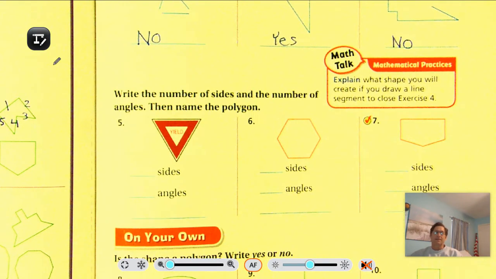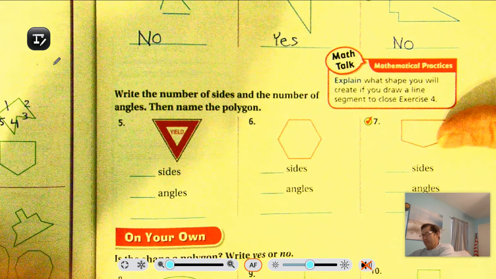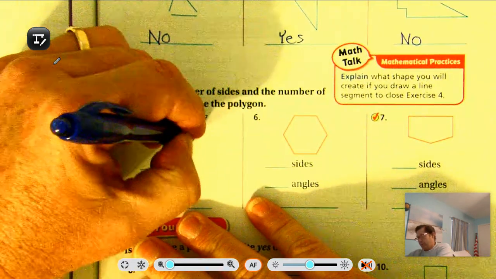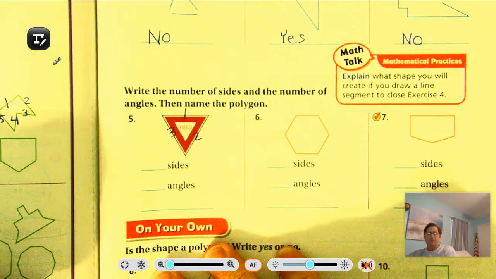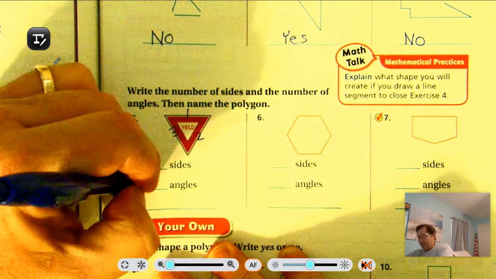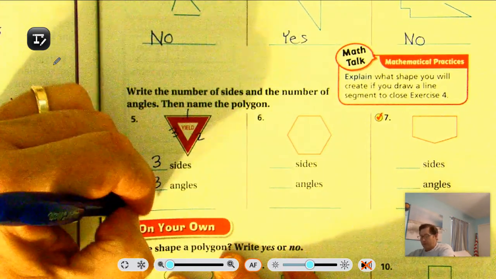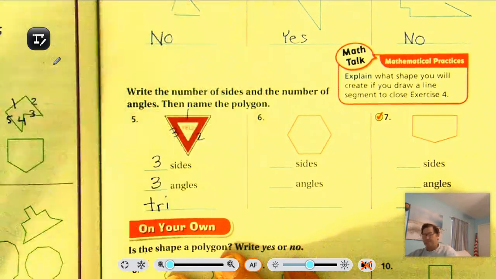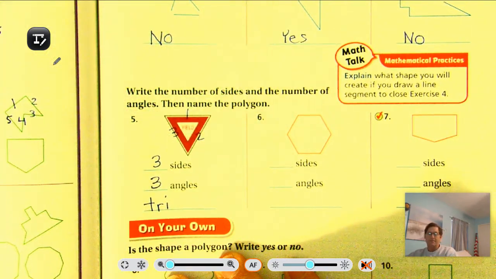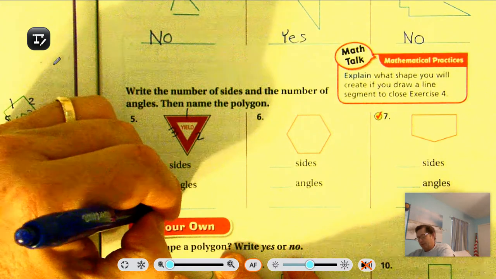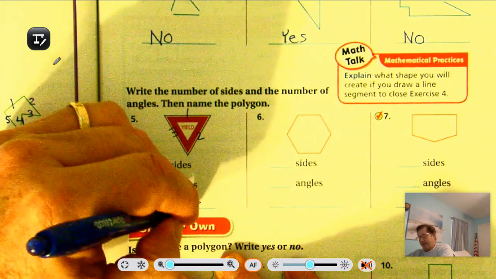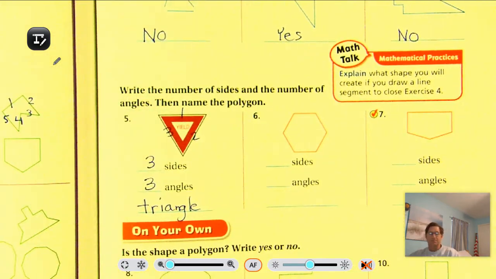Number 5, write the number of sides and the number of angles, then name the polygon. 1, 2, 3. Number of sides matches the number of angles. A 3-sided figure. Tri is the prefix for 3. Triangle, 3 angles.